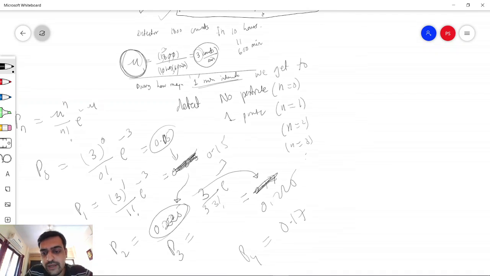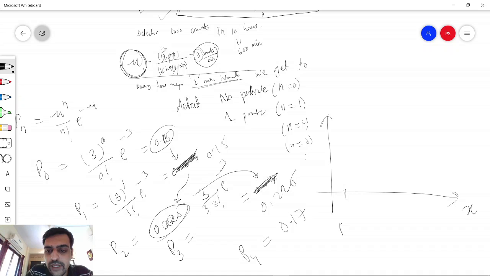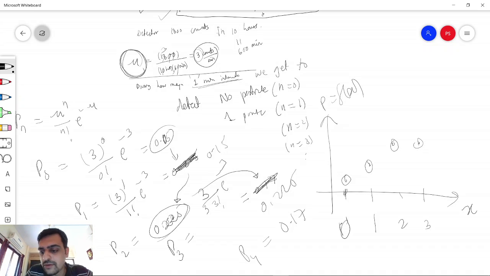So we can see it on a graph. We can always plot it, where this is x and this is P or f of x. For x equal to 0, P has some smaller value. For x equal to 1, it has a larger value. For x equal to 2, it has a further larger value. For x equal to 3, it has the same value, 0.225. For x equal to 4, the value drops again.